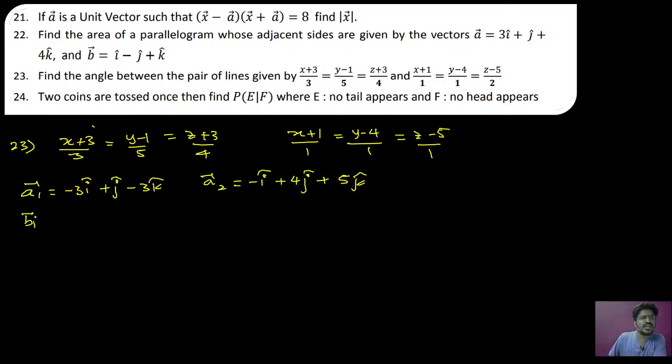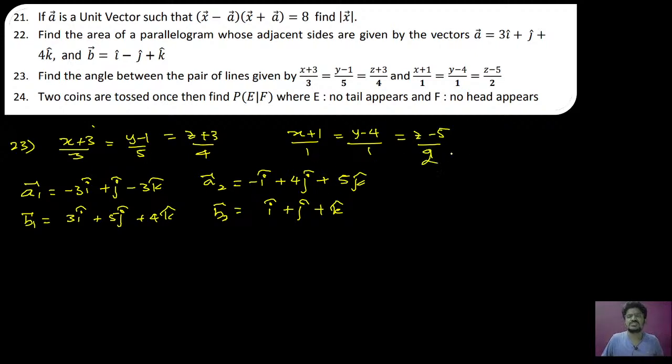In the same way we write vector b1. What is vector b1? 3I cap plus 5j cap plus 4k cap. What is vector b2? That is I cap plus j cap plus k cap. If you want to write vector b1, use 3, 5, 4. If you want to write vector b2, you have to write 1. Okay, here it is 2. Z minus 5 divided by 2.